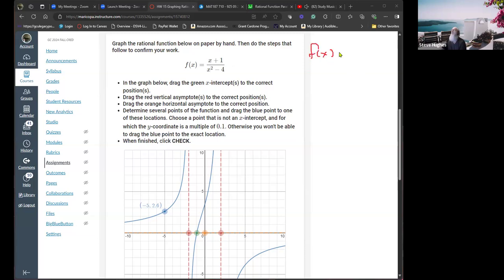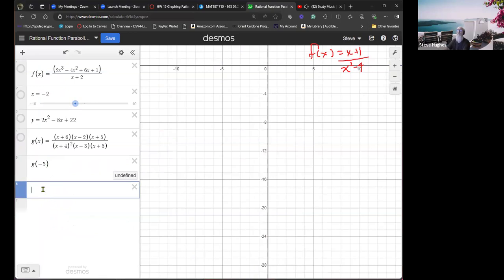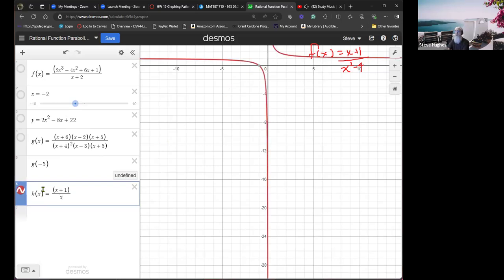If I'm in doubt, I can go right over here and graph it in Desmos. Let's shut this down. All right, I'm going to make for myself a function x plus 1 divided by x squared minus 4.